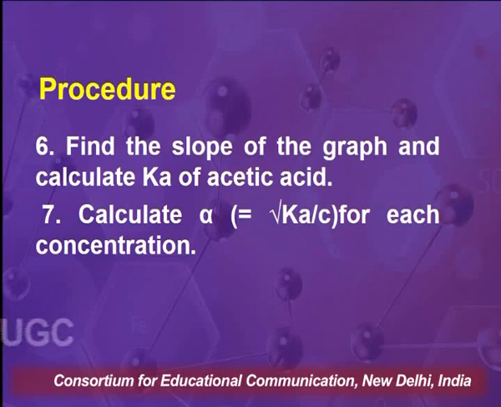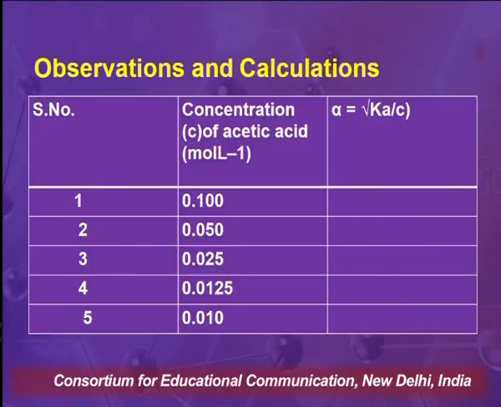Alpha, the degree of dissociation, can be calculated using the formula alpha equals under the root Ka by C for each concentration. So, after Ka has been calculated from the graphical value, we can find the value of alpha for different concentrations of acetic acid.